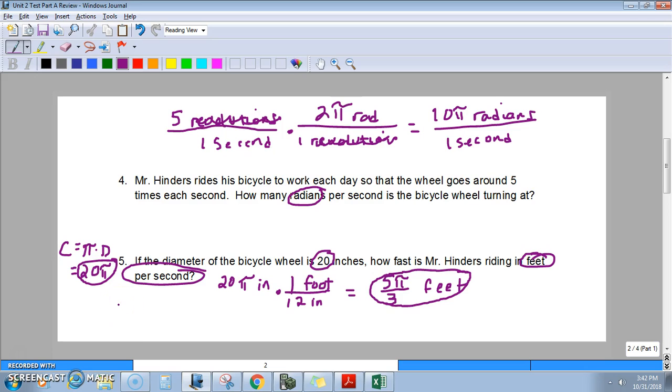So we have 5 revolutions for 1 second. We got this from the original question above, right? Times, he goes 5 pi over 3 feet each revolution.